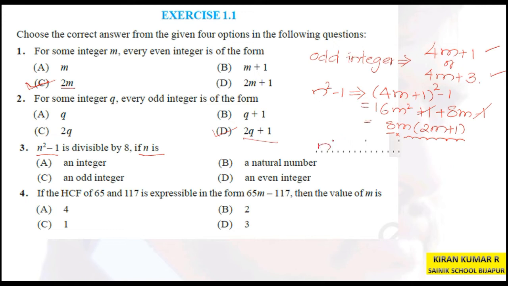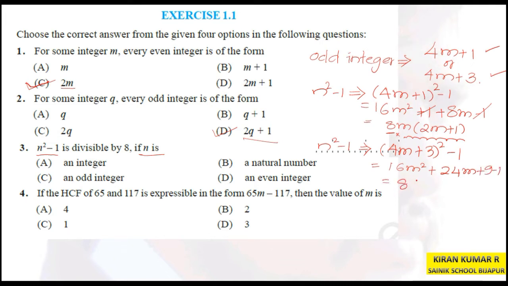Will this be true if the n value is 4m plus 3? Let's find out. When we expand, it becomes 16m square plus 24m plus 9 minus 1.